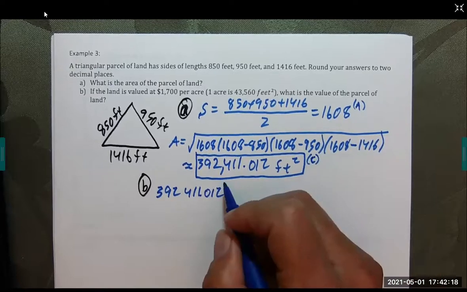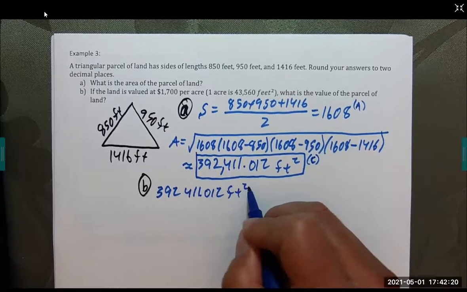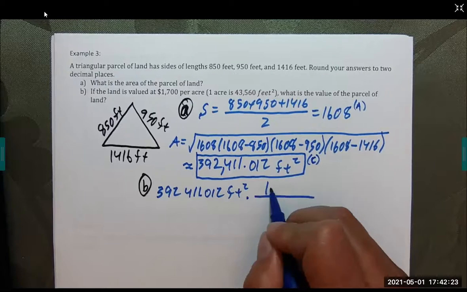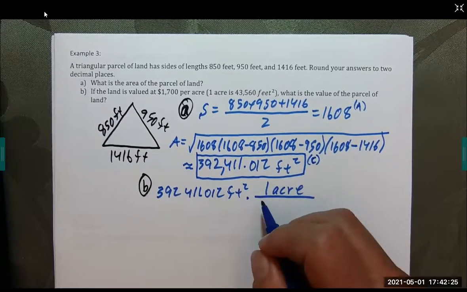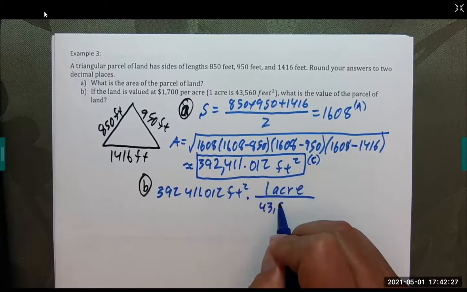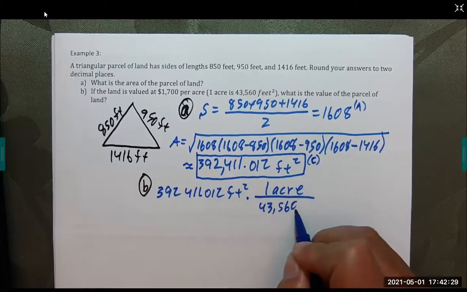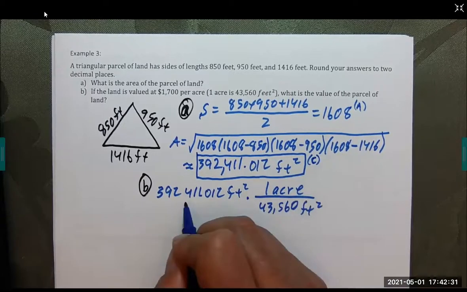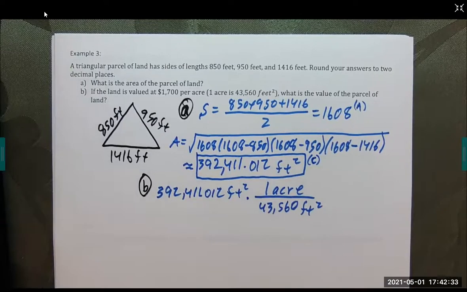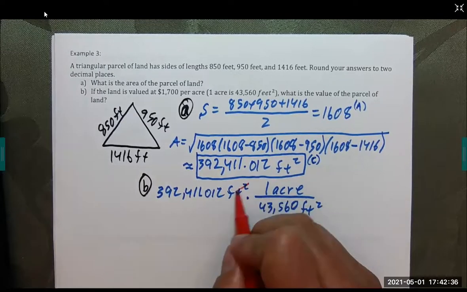This is square feet. And 1 acre is 43,560 square feet. And you'll notice the square feet are gone and I'm left with acres.